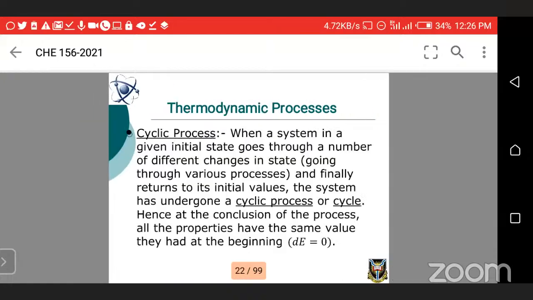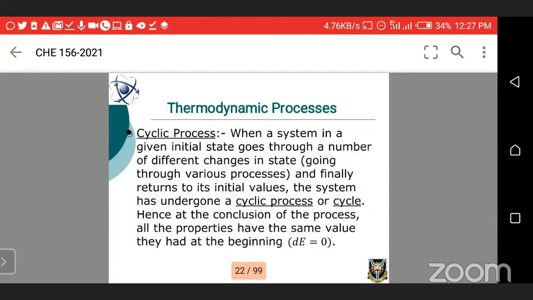We also have a cyclic process. And that is a process undergone by a system. That is when a system in a given initial state goes through a number of different changes, of different steps, going through various processes, and at the end of the day, it returns to its initial state.